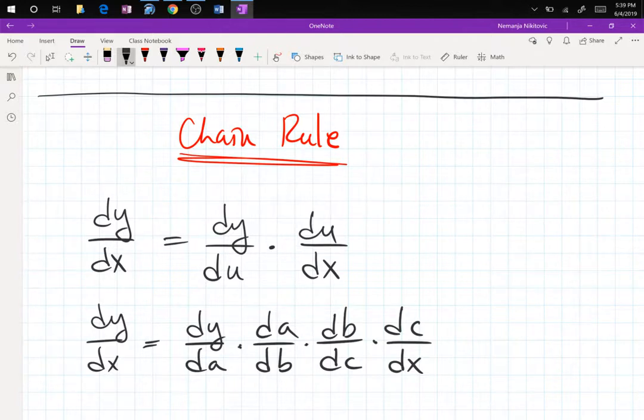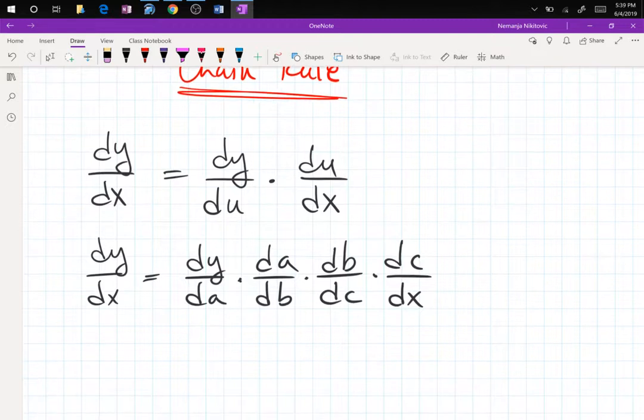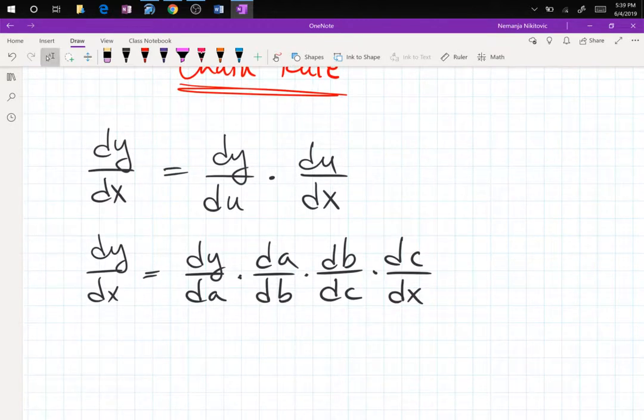And that's all okay, because dA will cancel dA, dB, dB, and dC, dC, and you still have dy/dx at the end. So for the chain rule, we can have any number of these intermediate functions inside.